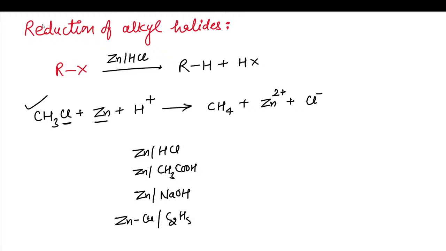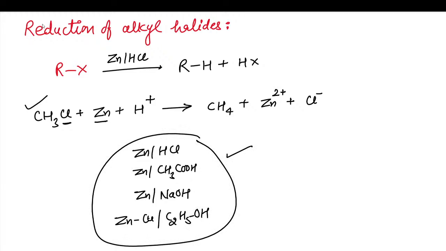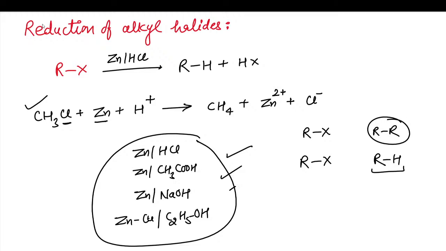So these are the reagents used to convert alkyl halide into alkane with the same number of carbons. Alkyl halide to form alkane with double the number of carbons, we use Wurtz reaction. Alkyl halide to form alkane with the same number of carbons, we use these reagents.